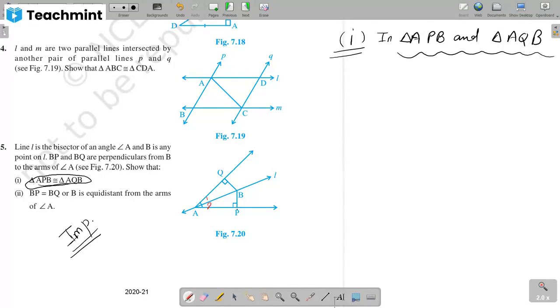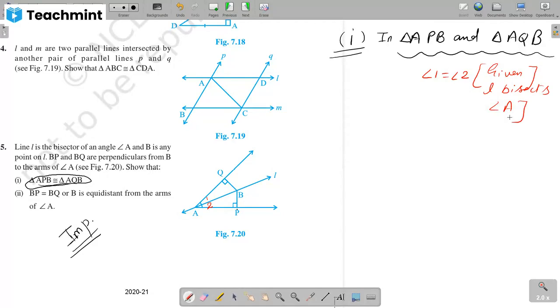Let it be angle 1 and angle 2. So here we will write angle 1 is equal to angle 2, given, because this L bisects. If you want, you can write this line or you can simply write given. In the given we will write L bisects angle A.